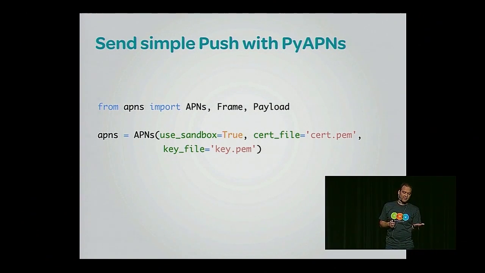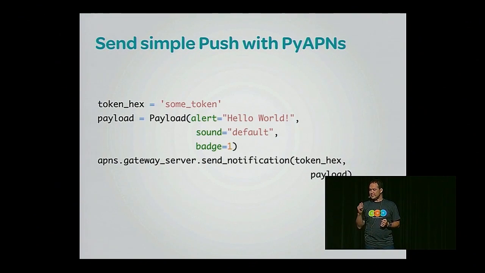And then I give it the path to my cert file and to my key so that it can negotiate the trust with the Apple server. And then after I've done that, I have two options. The first and the simplest option is just send a single message. And for the single message, you have to use the token. The token is that number, that address that I got from the device.